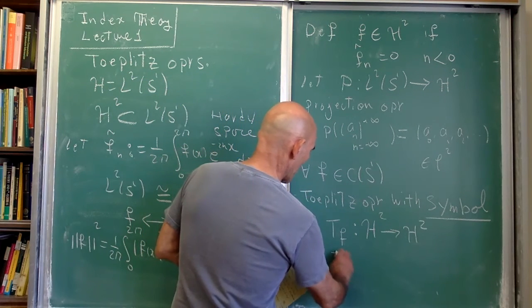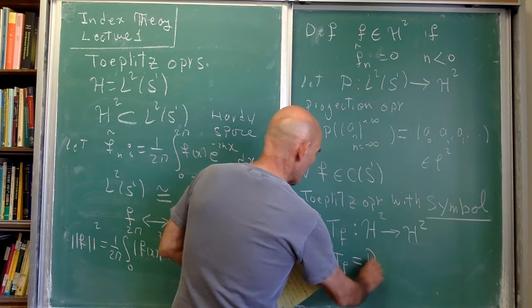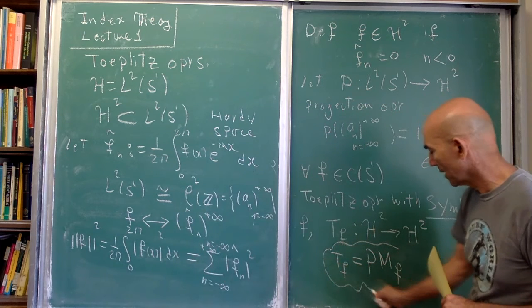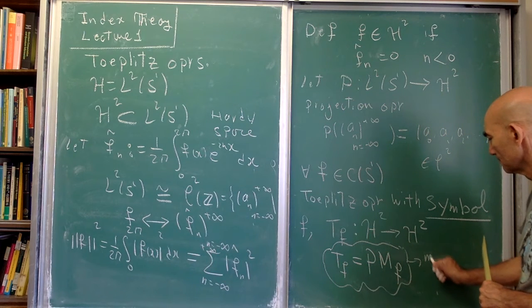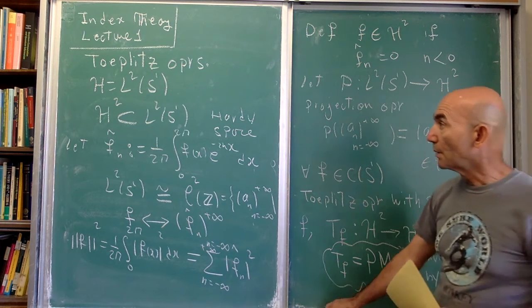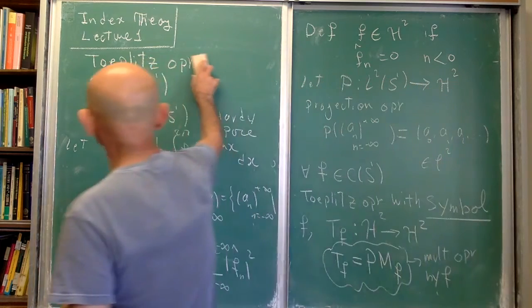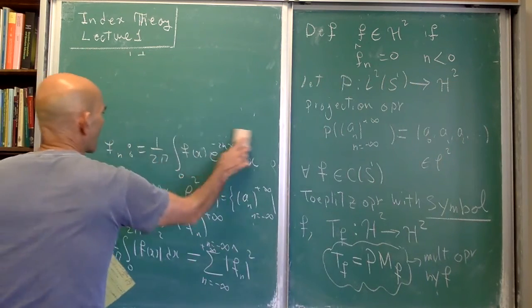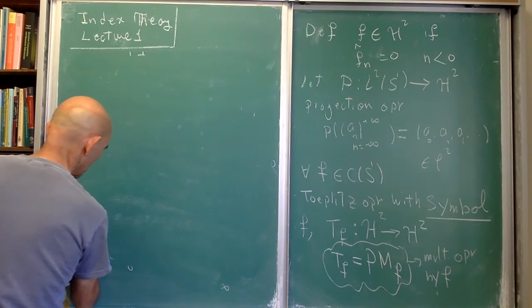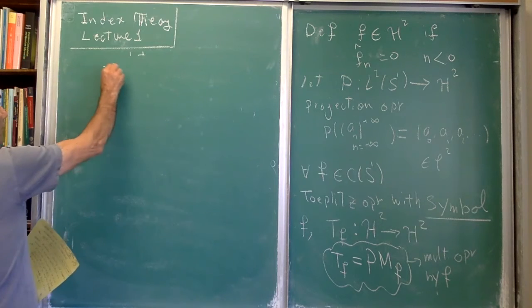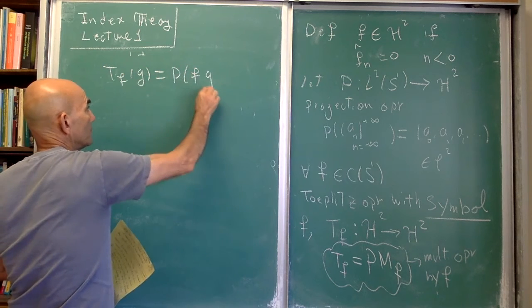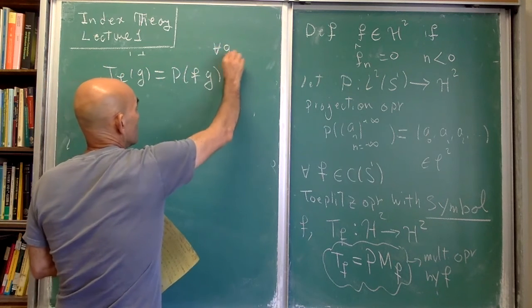So I can say TF is equal to P MF, where MF is the multiplication operator by F. So TF of G is equal to P of FG for all G belonging to H2.